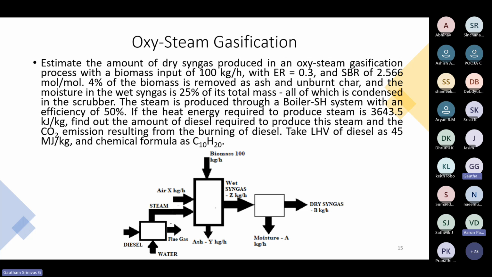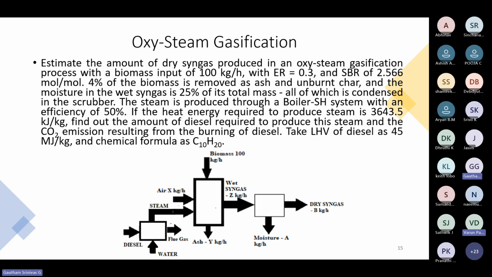So the energy required to produce steam is so much. 1 kg of steam contains 3,643 kilojoules of energy. It is in superheated form. So the heat content of the steam is 3,643 kilojoules. Now you know the energy output here.